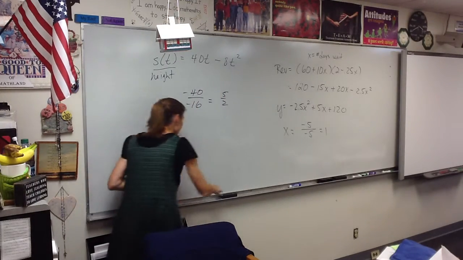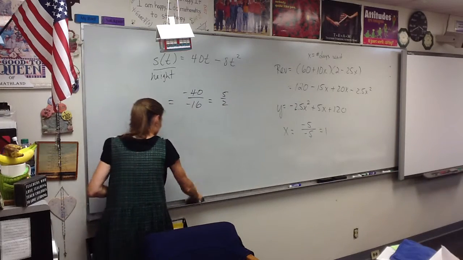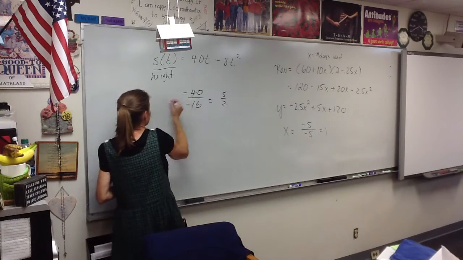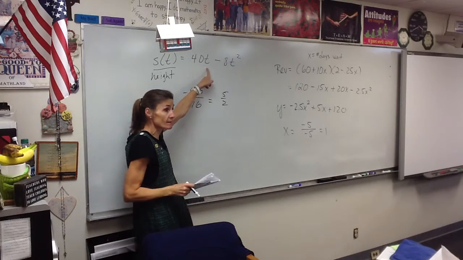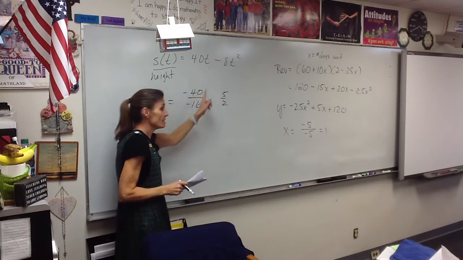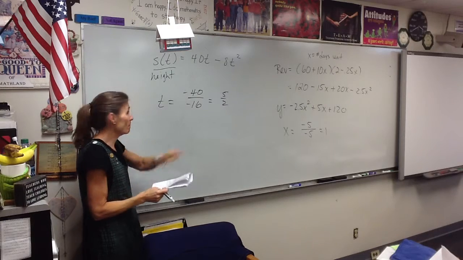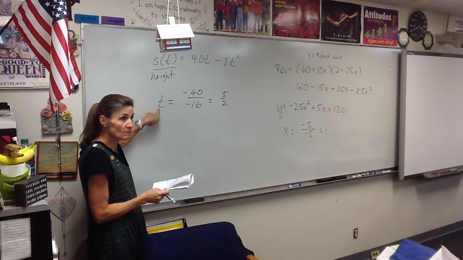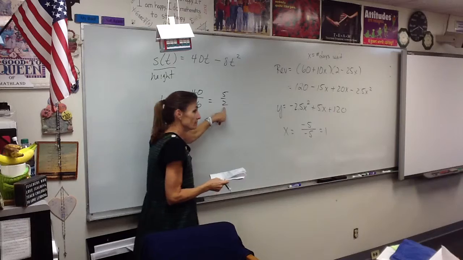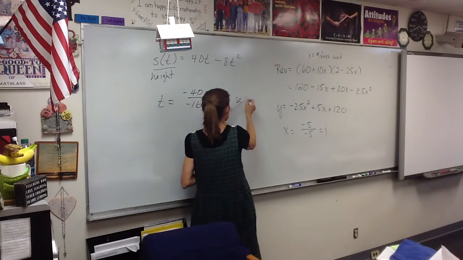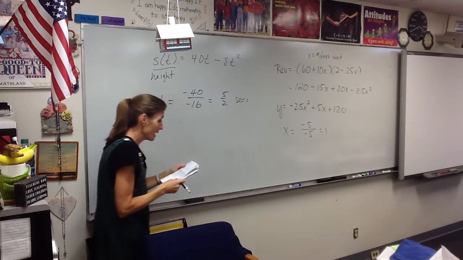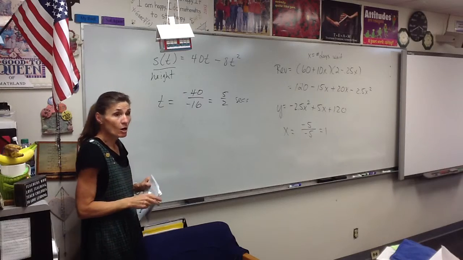Now, I said x. What letter should I have used? T, right? That's the x in this problem, it's t. So the question is, when does it reach its maximum height? 5/2 seconds, 2.5 seconds. How high does it go?